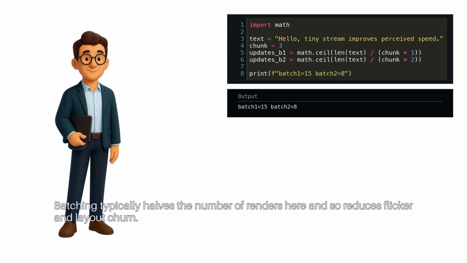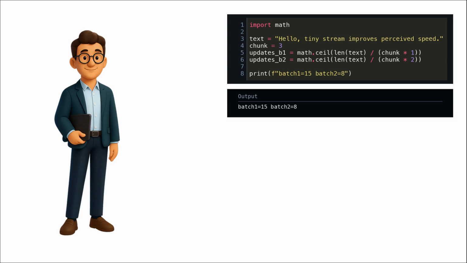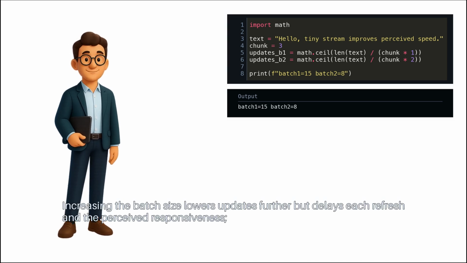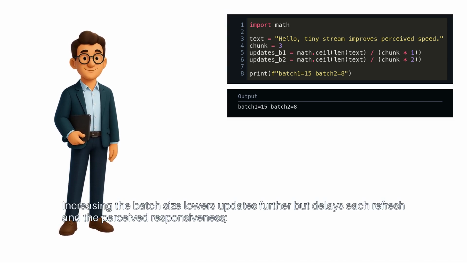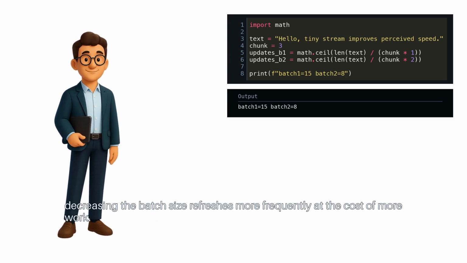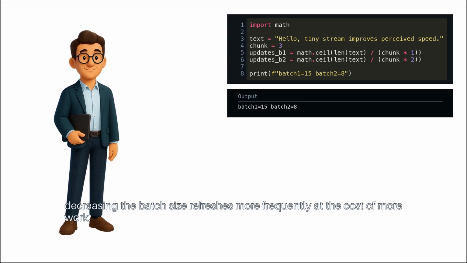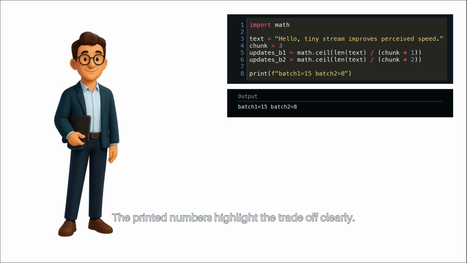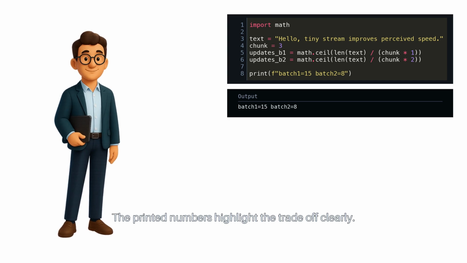Batching typically halves the number of renders here and so reduces flicker and layout churn. Increasing the batch size lowers updates further, but delays each refresh and the perceived responsiveness. Decreasing the batch size refreshes more frequently at the cost of more work. The printed numbers highlight the trade-off clearly.